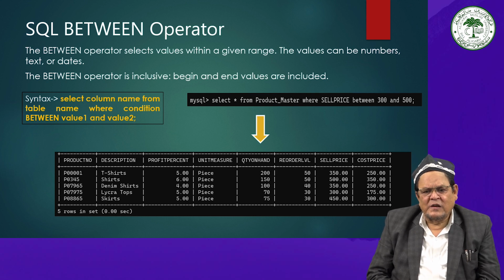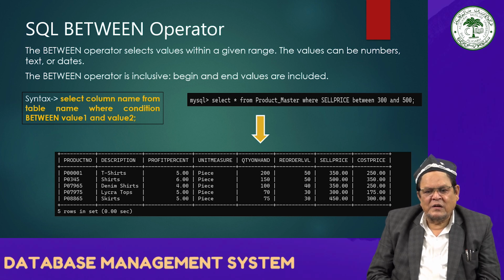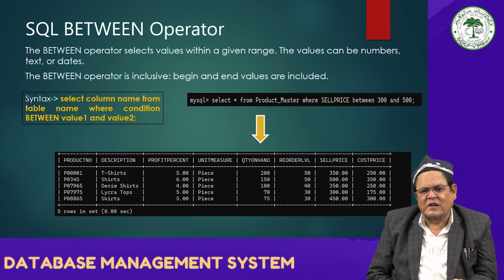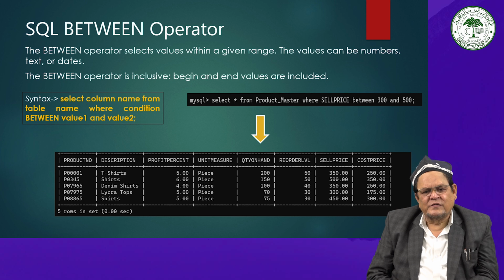The sell prices are 350, 500, 350, 300, 450. It includes the upper limit and lower limit also. So in your home assignment, you can change the sell price values, value 1 and value 2, and try it yourself.